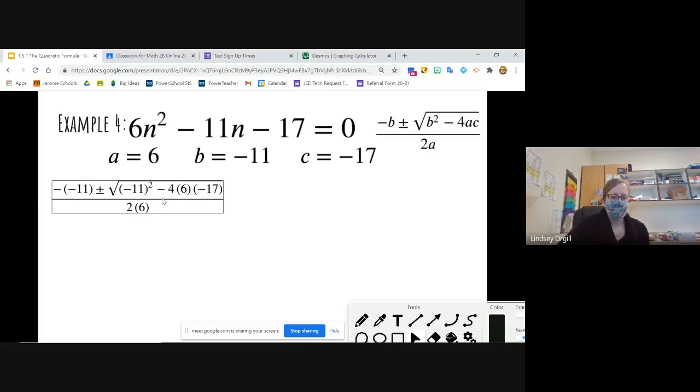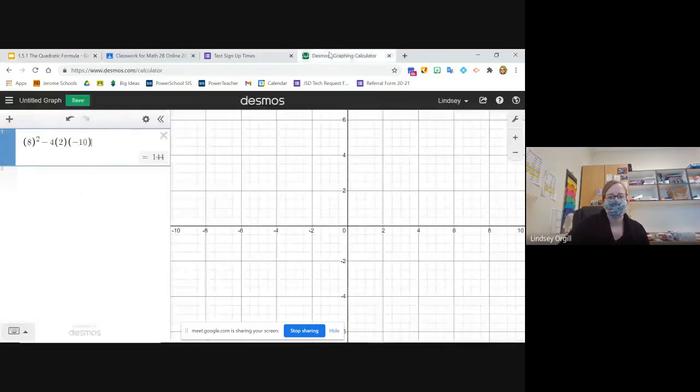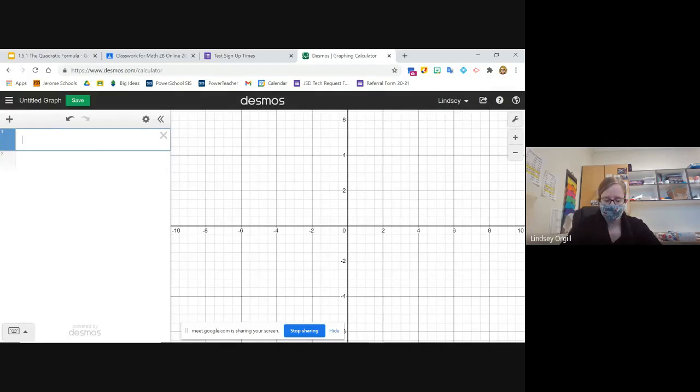So what's inside my square root? I am going to type in my calculator. So I can type in -11 squared minus 4 times 6 times -17, and I get 529.